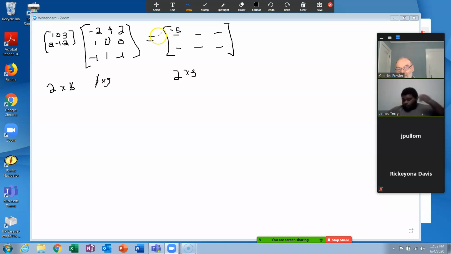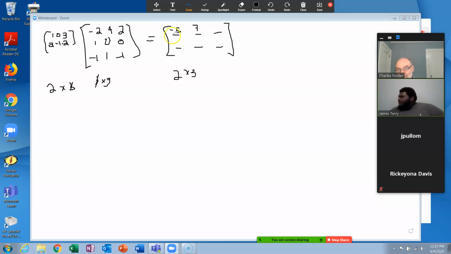Now the next entry is the first row, second column. So we do the first row again, but this time multiply it by the second column, entry by entry. 1 times 4 is 4, plus 0 times 0 is 0, still 4, plus 3 times 1 is 3. And 4 plus 3 is 7.